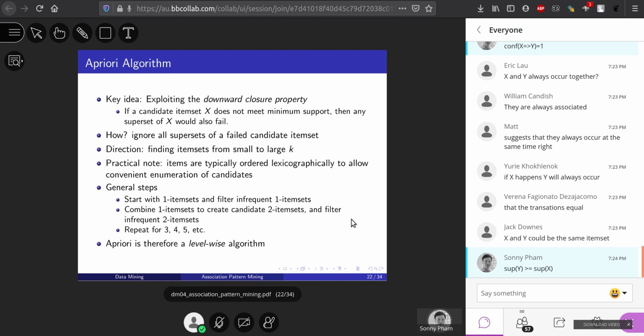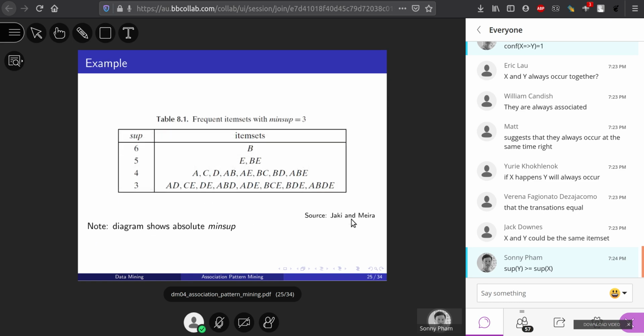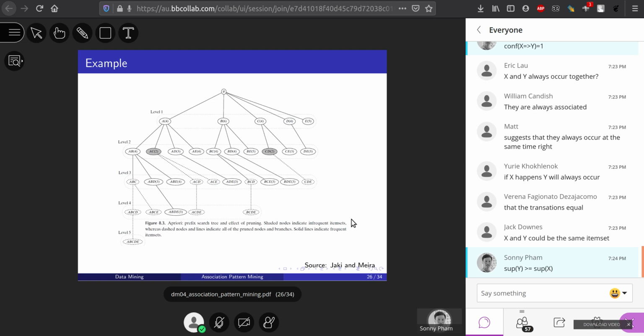The key idea is that if a candidate item set X does not meet the support, then any superset of X will also fail. One thing you might ask is, what do I mean by a candidate item set? Let's just assume that we are looking at level 1.